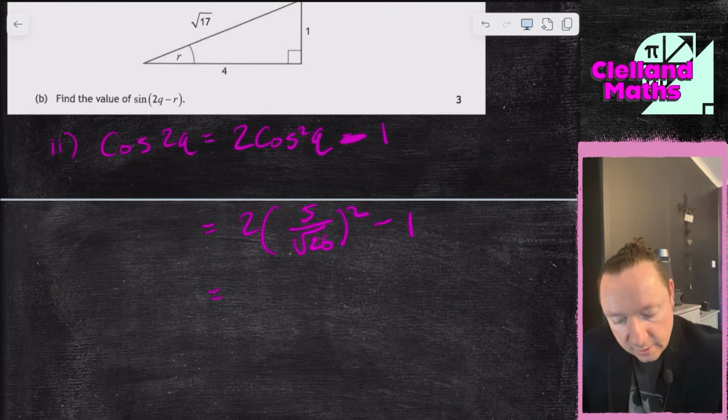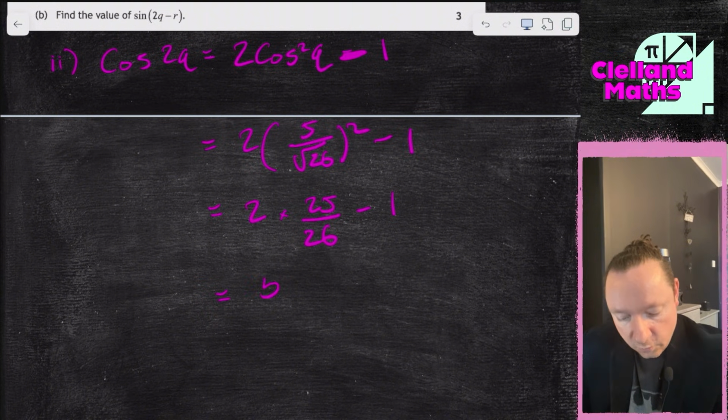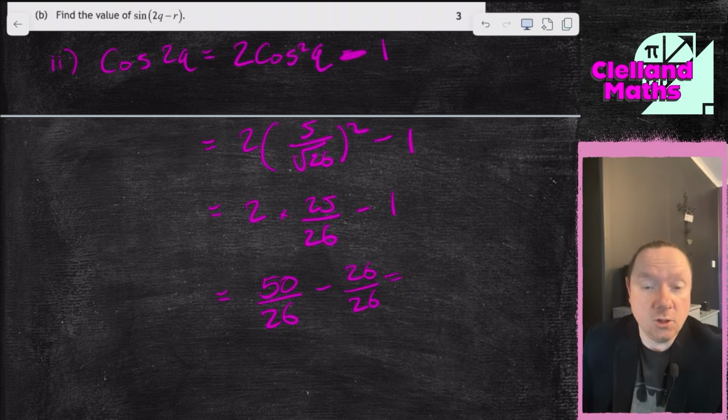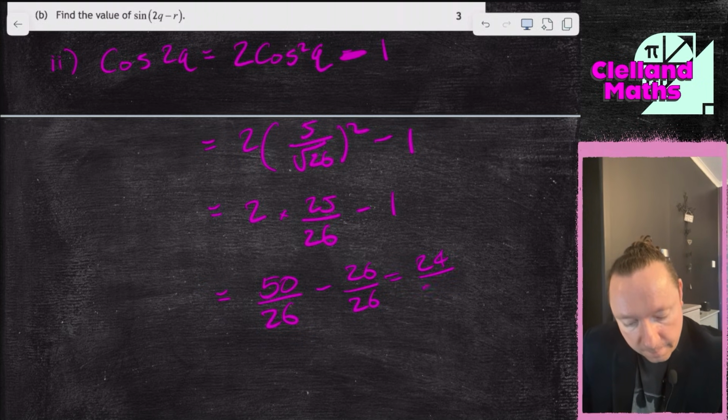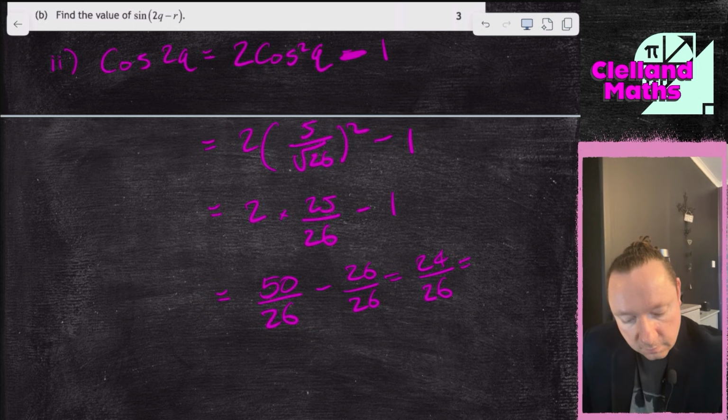That gives me 2 times 25 over 26 minus 1. 2 times 25 is 50 over 26 minus 26 over 26, which is 50 minus 26 is 24 over 26. And that will be simplified: half of 24 is 12 and half of 26 is 13.